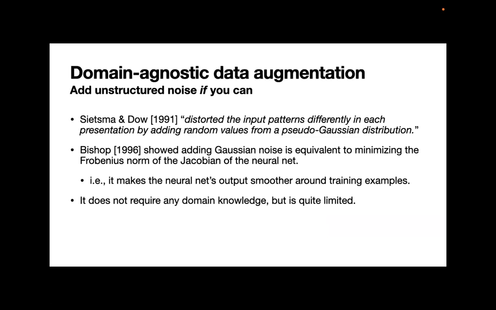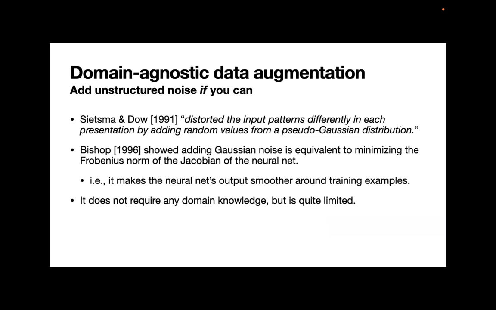So what is the basic idea behind domain-agnostic data augmentation? If you recall from the earlier discussion, it's all about generating samples. But what is generating samples all about? It's all about adding noise.